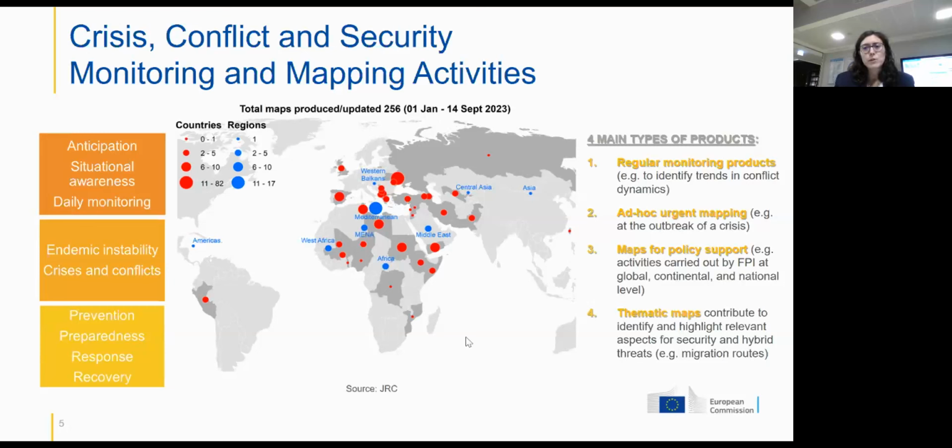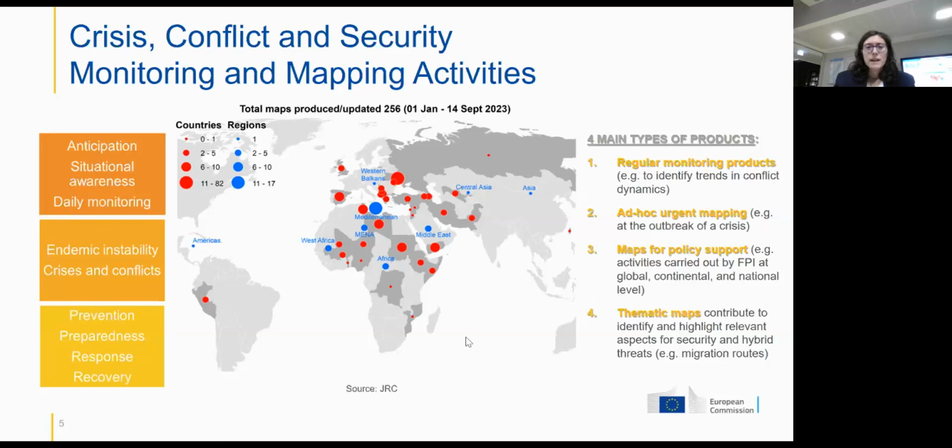They bring added value to context analysis, operational activities, and information products of the European External Action Service and the foreign policy instruments of the European Commission, while at the same time aiming at enhancing situational awareness by identifying emerging dynamics and trends.